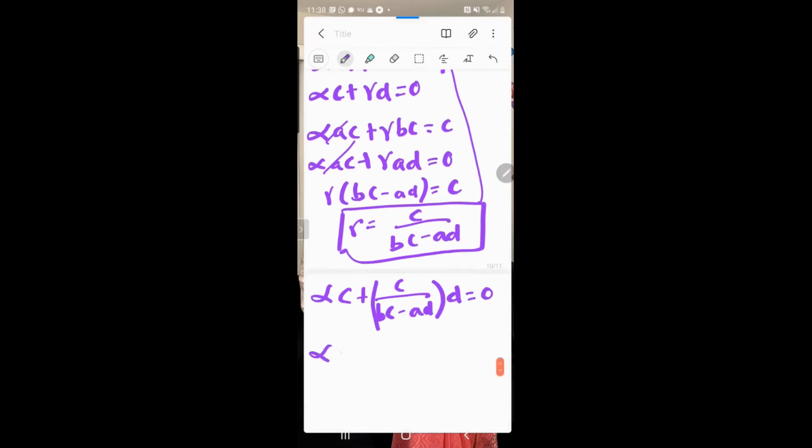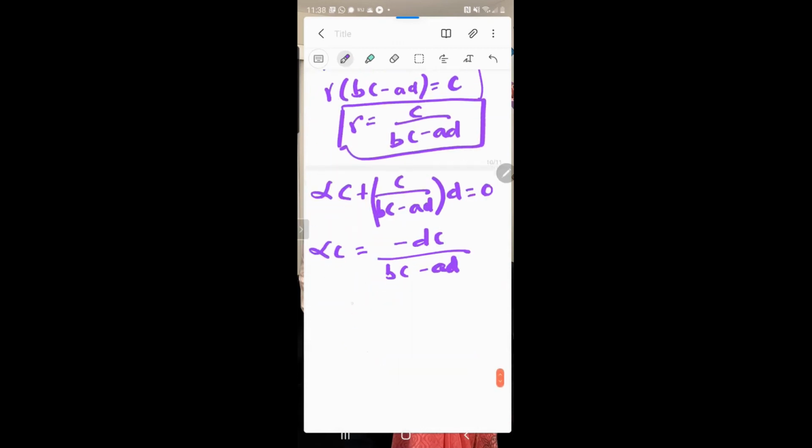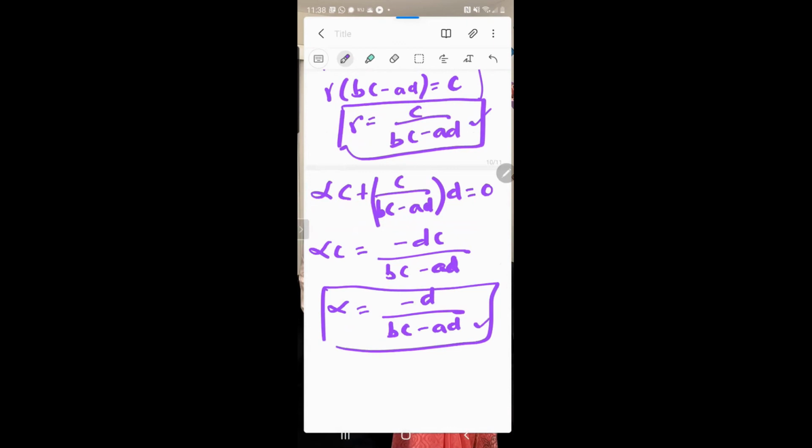So alpha C equal to minus DC over BC minus AD. And then alpha equal to minus D over BC minus AD. Does this make sense?